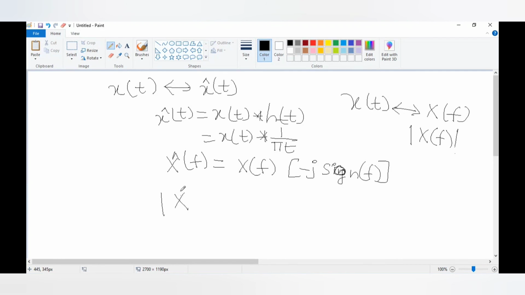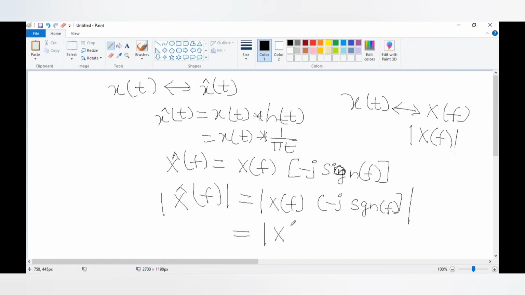Mod x cap of f is equal to mod x of f into minus j signum of f, mod. I can just split the mod separately. I can write mod x of f, mod minus j, all of you note it down, mod signum of f.